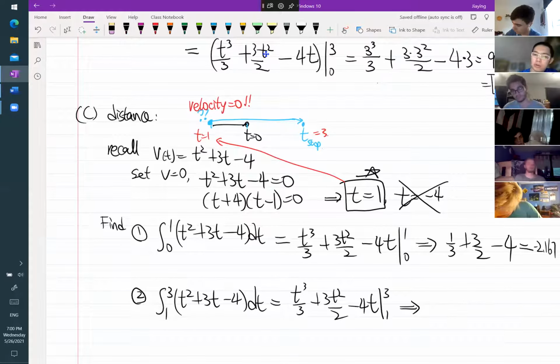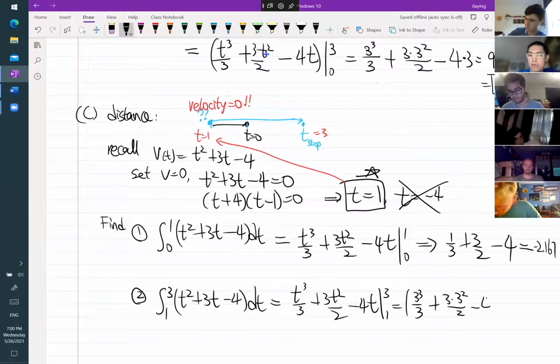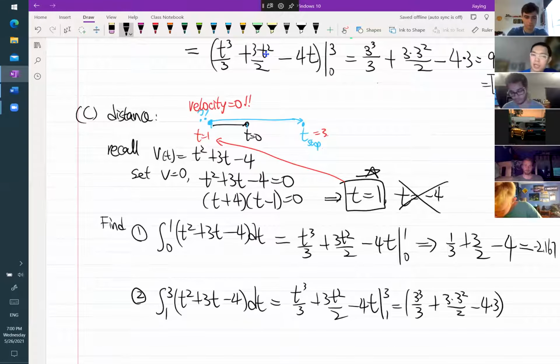Sorry, I did it too quickly. Maybe I should write it down. So that's equal to plug in 3: 3 cubed over 3 plus 3 times 3 squared over 2 minus 4 times 3. That's plugging in the upper bound. And I'm going to subtract the value I get when I plug in the lower bound, 1. So that's 1/3 plus 3/2 minus 4.